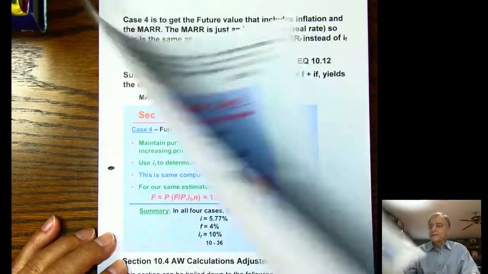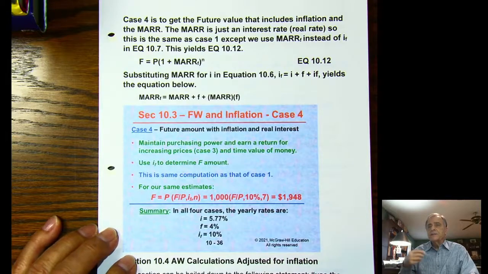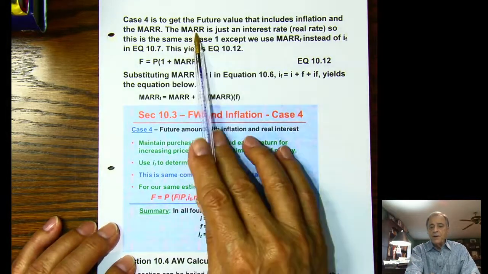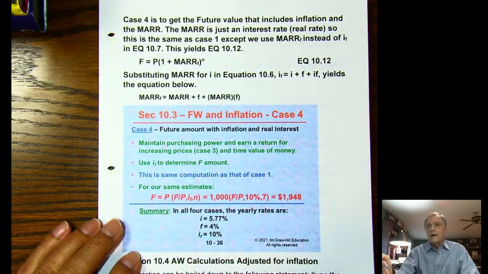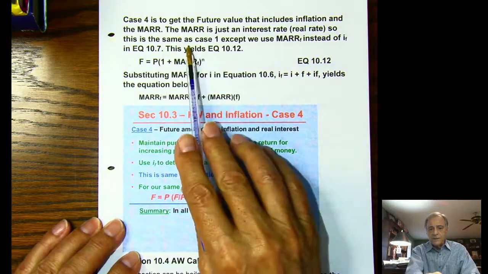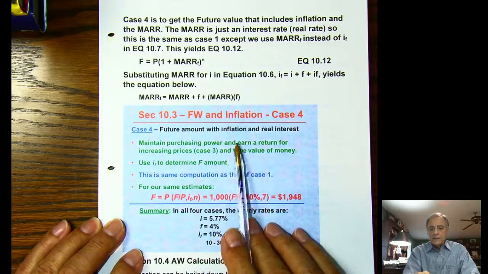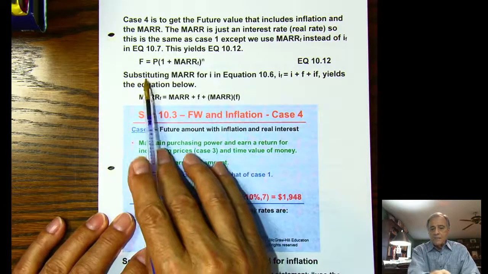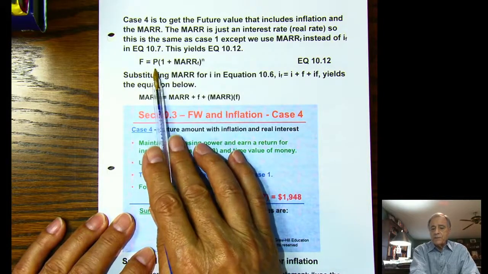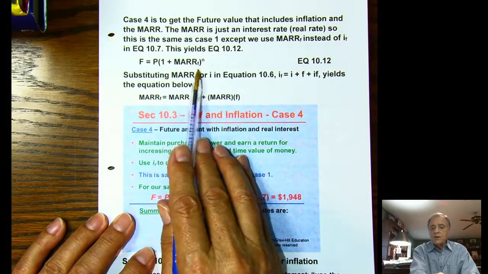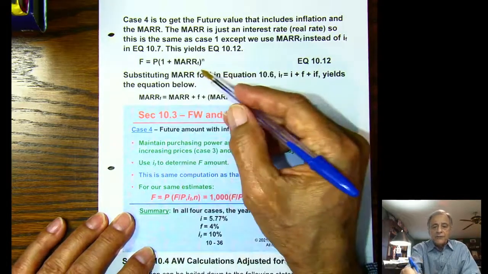The last case, then, the fourth case, is really not a new case at all. He's just substituting the MARR for the real I, okay? That's just substituting for I. So he's saying that if you want to know how many dollars will be there in the future, you take P times 1 plus the MARR sub f.